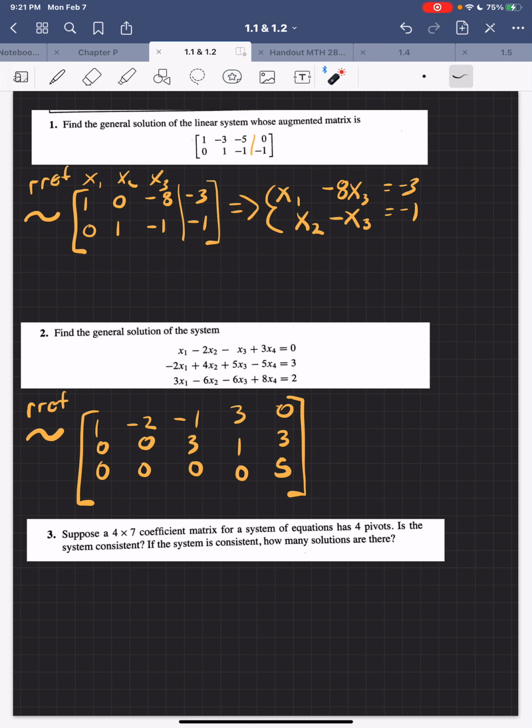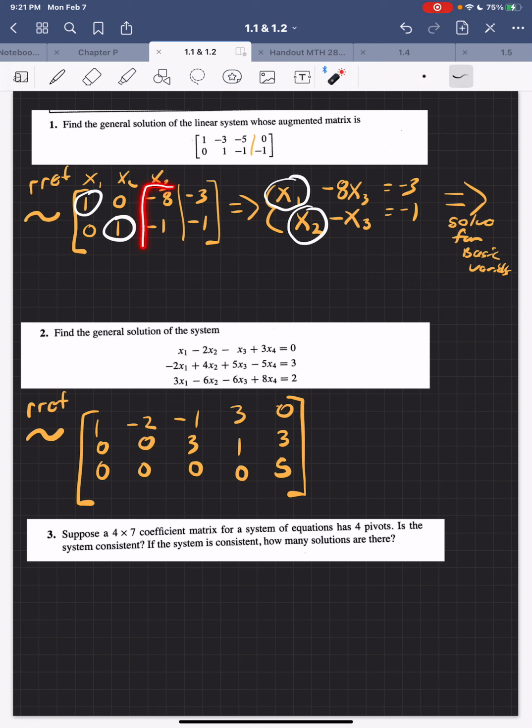And now the goal is going to be to solve for the basic variables. So the basic variables, in this case, you can see x sub 1 is a basic variable, pivot. X sub 2 is going to end up being a basic variable, again pivot.